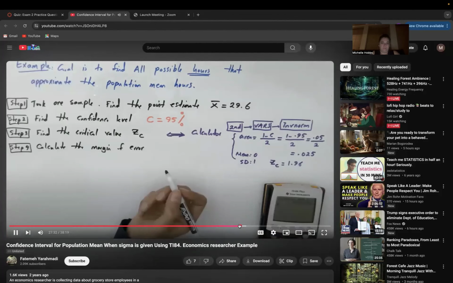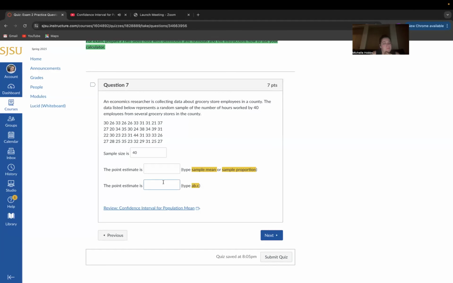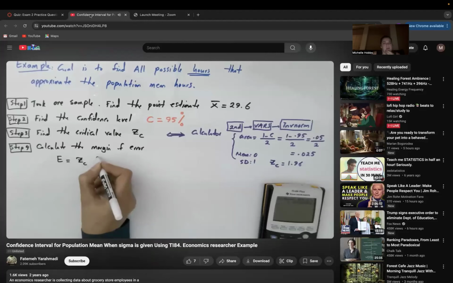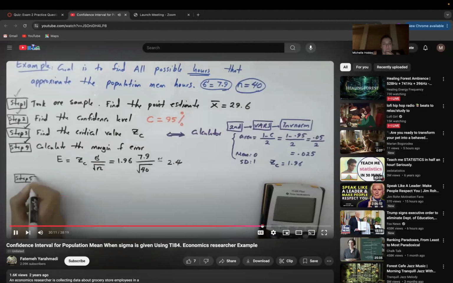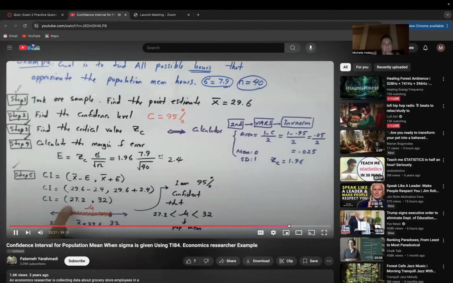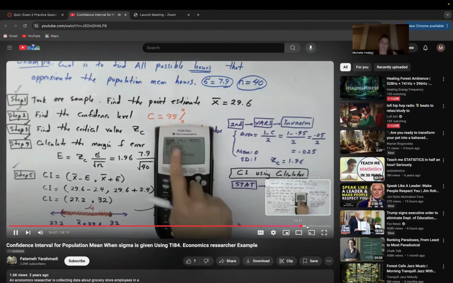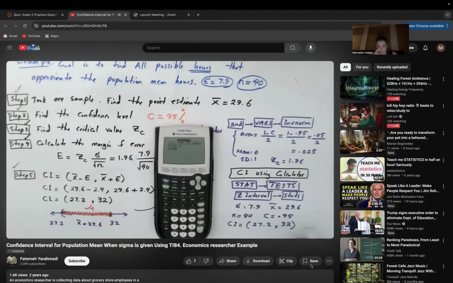So the margin of error for the population mean, denoted by E, equals ZC times sigma divided by the square root of N. Very good. The very first one is 32 hours.